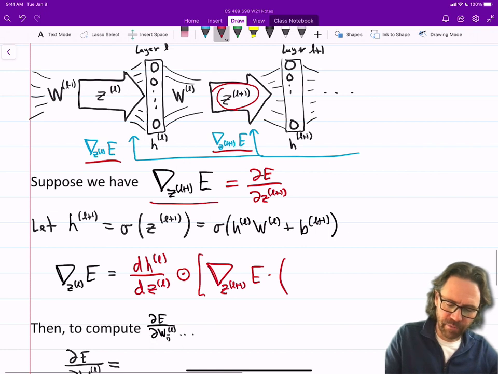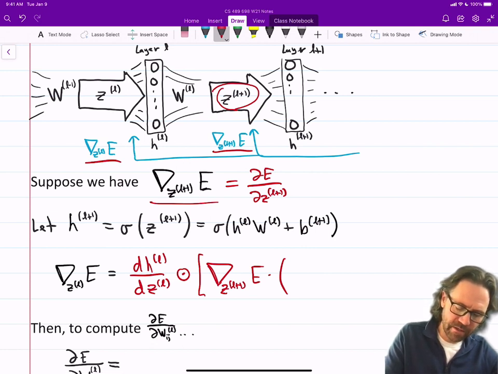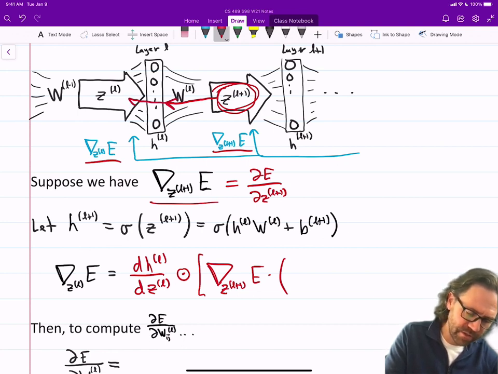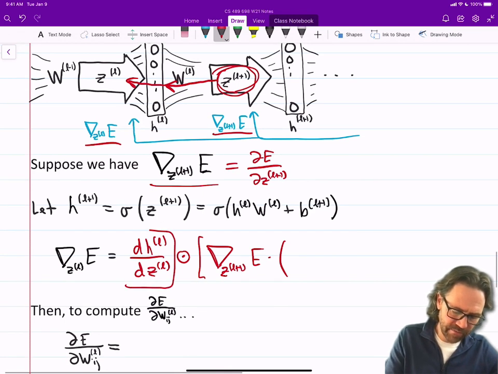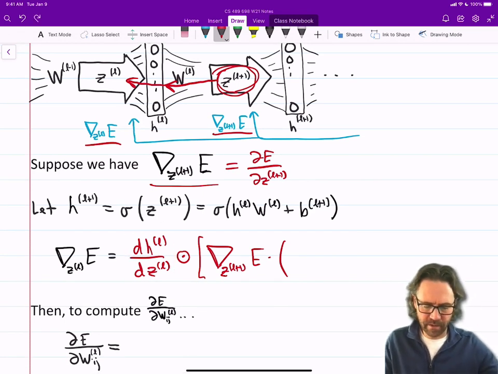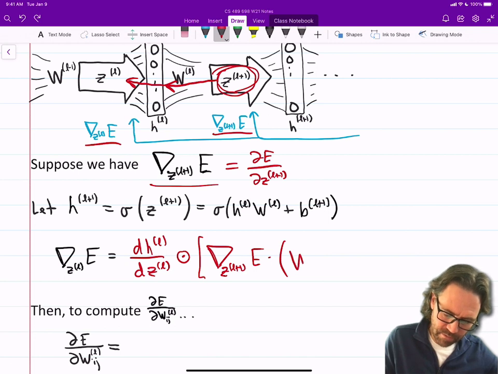So what we're doing is we have to go from this Z through the weights and then through the activation function to get to these Z's. So this thing here is the activation function that we're going through, and this thing here is the weights that we have to go through. So W_L transpose.